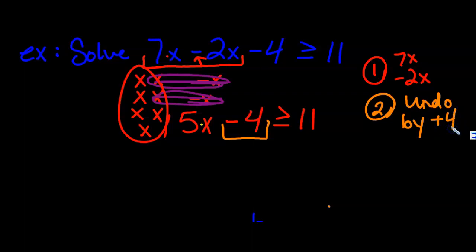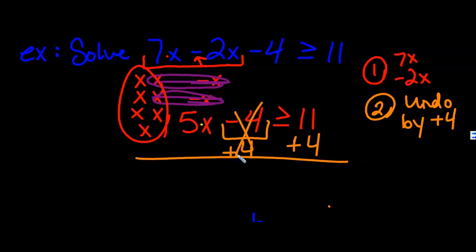And what do we need to add? We need to add 4. Because we need to keep this balance in the inequality statement, we're going to add 4 to both sides of the inequality. These 4's cancel out, and what are we left with? Well, the 5x falls down because we didn't touch it. And then 11 plus 4 is 15.